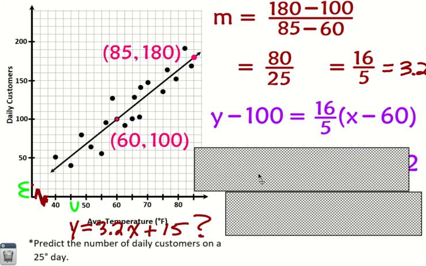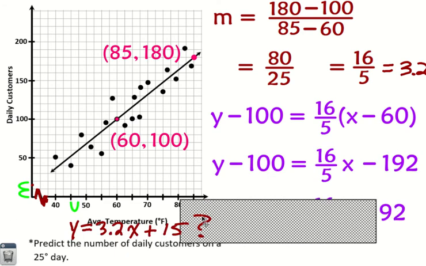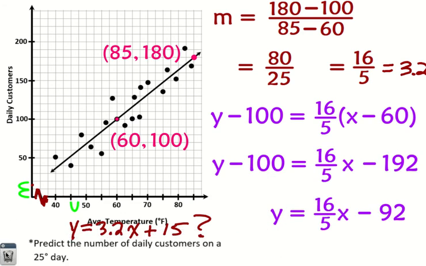So bottom line, use these two formulas to be as safe, reliable, and exact as you possibly can be. Once you have your equation, you can make your prediction for 25 degrees by plugging in 25 for x.